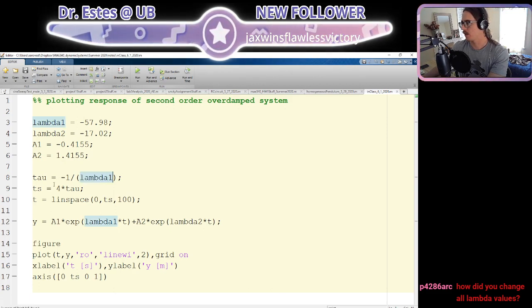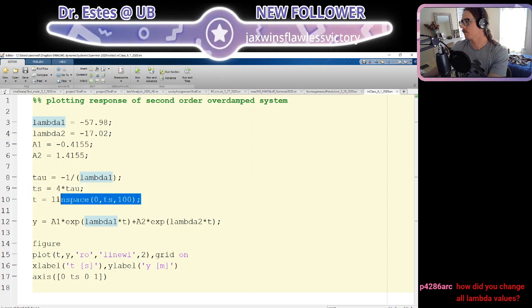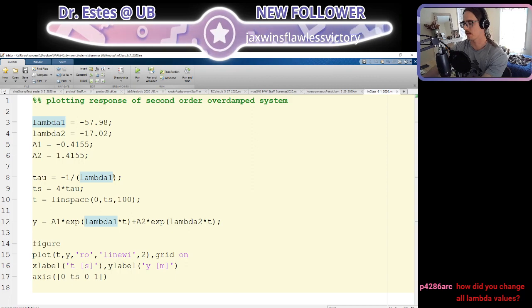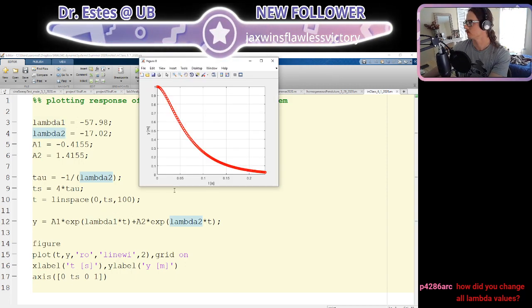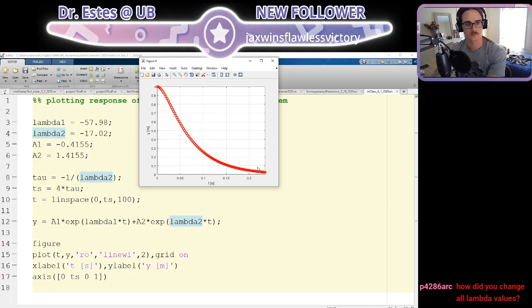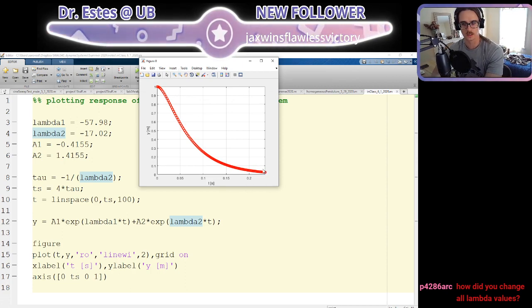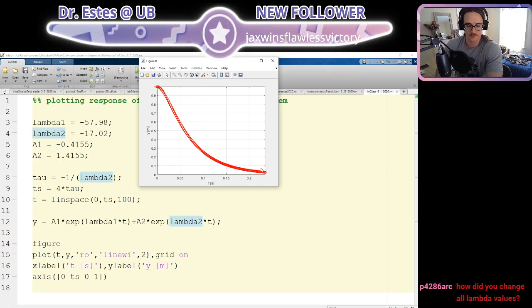And then it recalculated my settling time and my time vector based on that. I'm gonna change it back to lambda 2. Boom. And now we see that the system actually did settle. We waited for the slowest friend to finish the race.